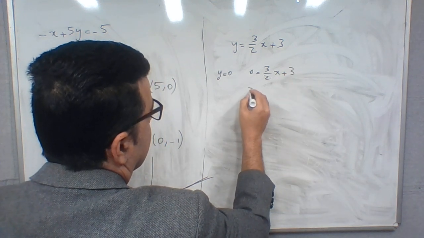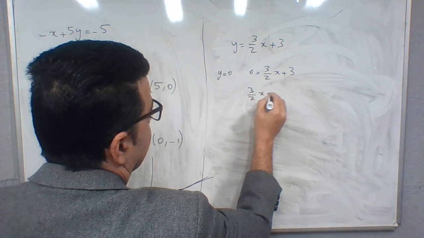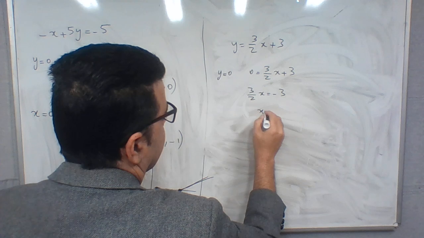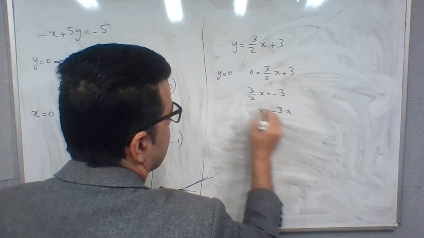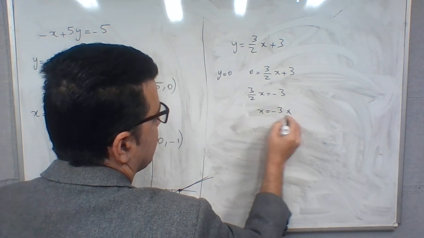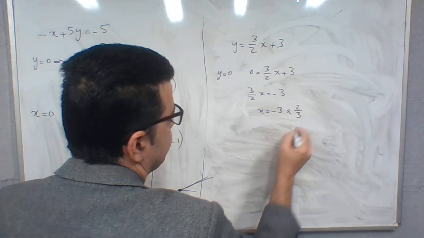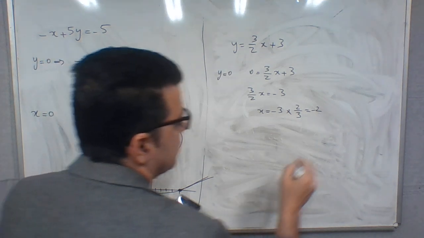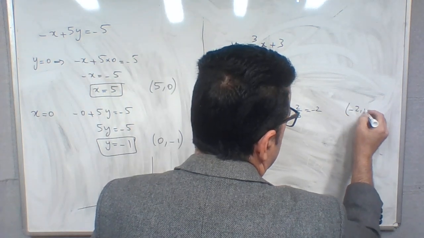So 3/2 x equals negative 3. So x equals negative 3 times the inverse of 3/2, which is 2/3. So this will be negative 2. So the x-intercept is negative 2 and 0.